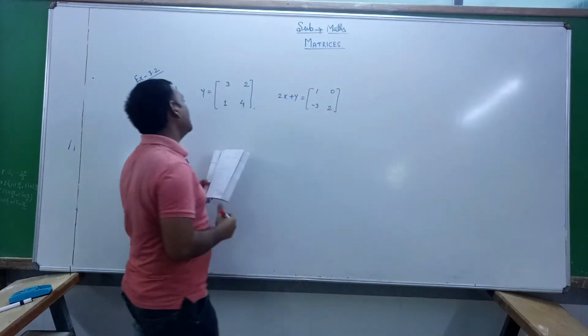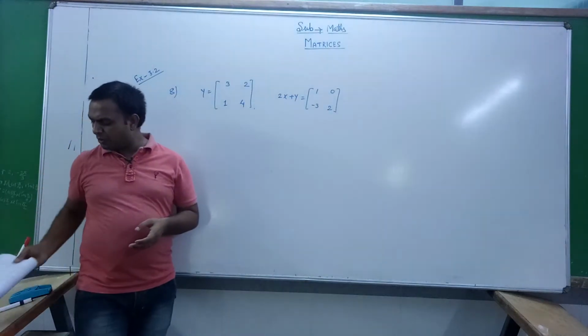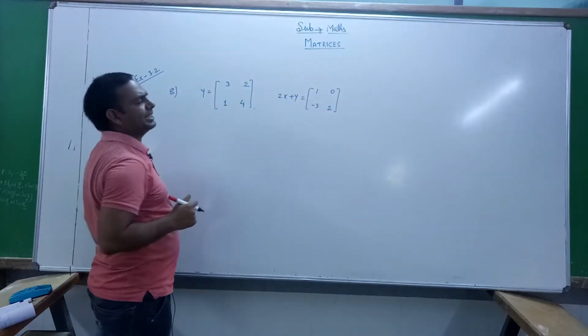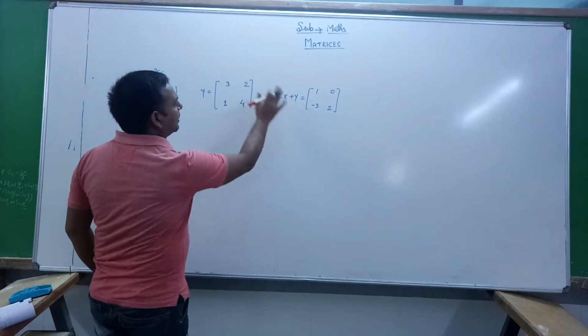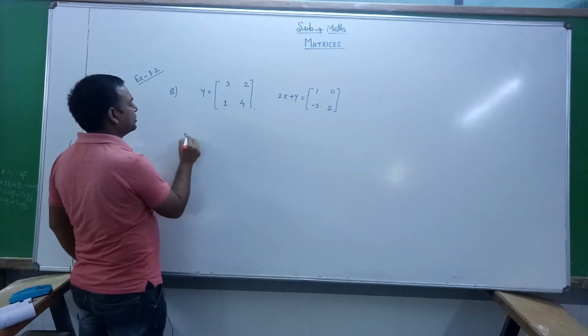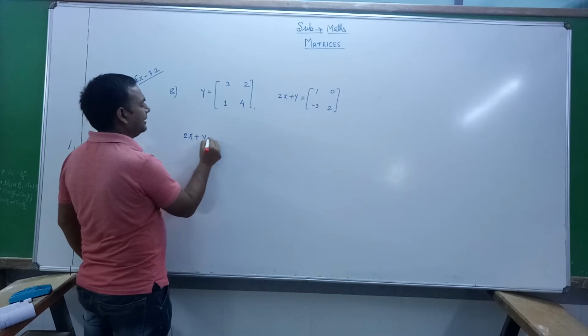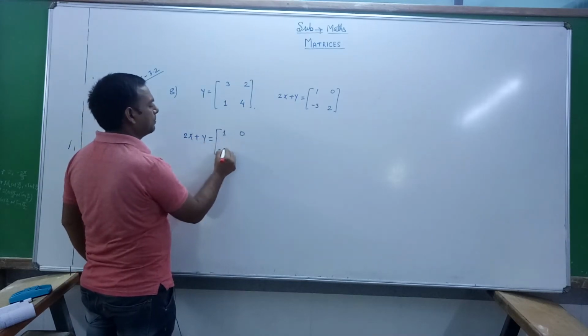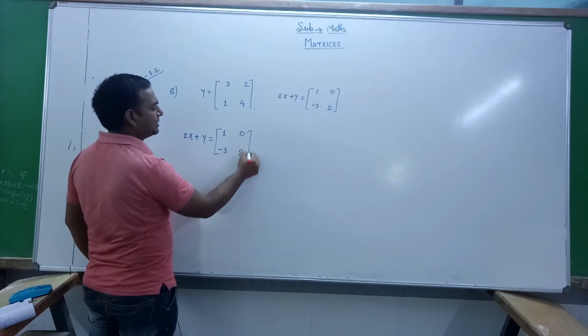Here you find the value of matrix x. How can you find the value of matrix x? The value of matrix y is given, so you put in the value of matrix y here. The question says 2x plus y is equal to the matrix 1 0 minus 3 2.